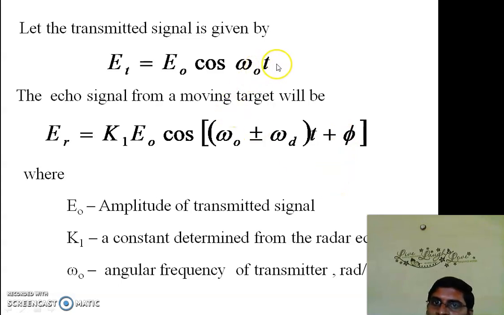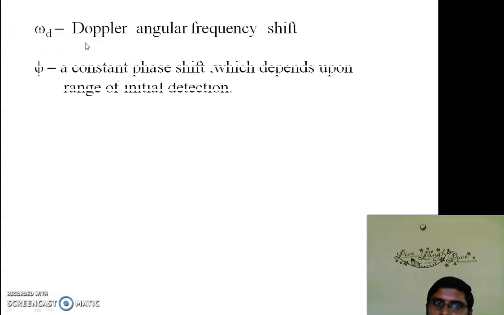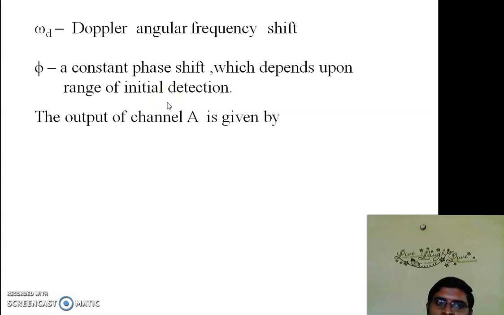Now this is given to the receiver in two channels. One is the direct signal, the other has a 90 degrees phase difference. This is the echo signal. Omega d is the Doppler frequency shift. Phi is a constant phase shift which depends upon the range of the initial detection.